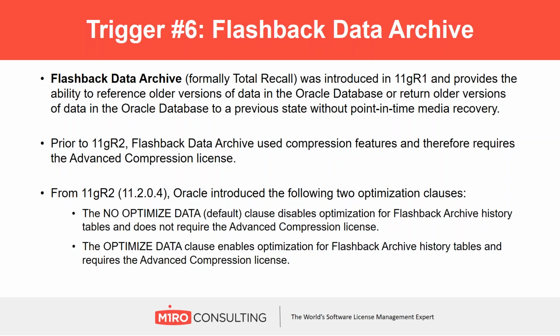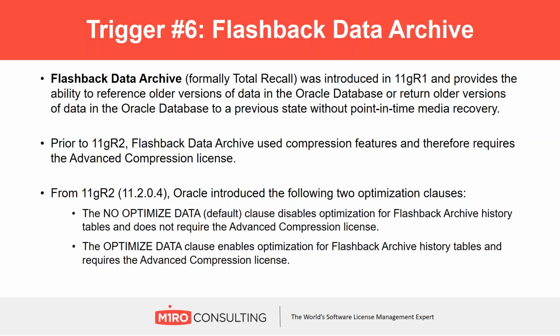So prior to 11g R2, Flashback Data Archive utilized the compression features and therefore required the Advanced Compression license. However, in 11g R2, and to be more specific, starting with 11.2.0.4, Oracle introduced the following two optimization clauses.